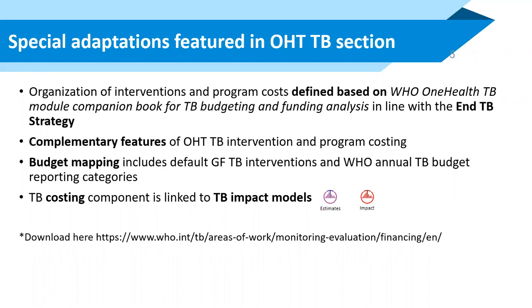There are a number of different complementary features of the intervention and program costing. And the budget mapping includes default Global Fund TB interventions and OneHealth Tool programs that allow you to assign outputs to the WHO annual TB budget reporting categories. The TB costing component is also linked to the TB impact modules, including estimates and impact.